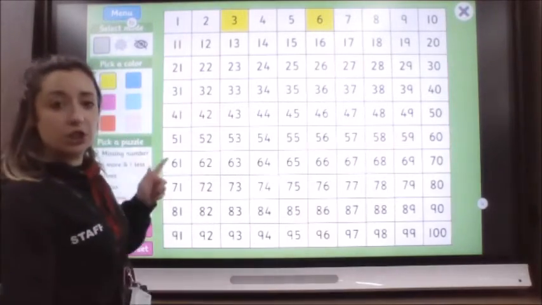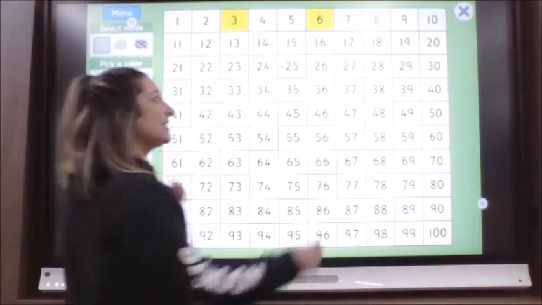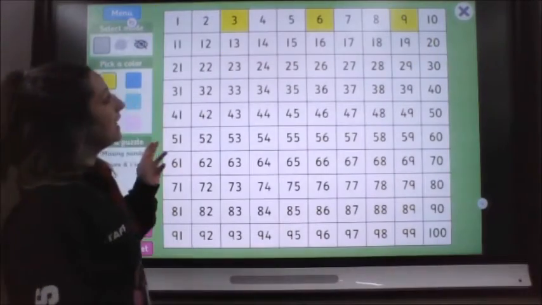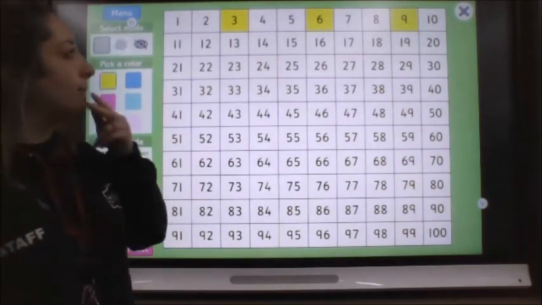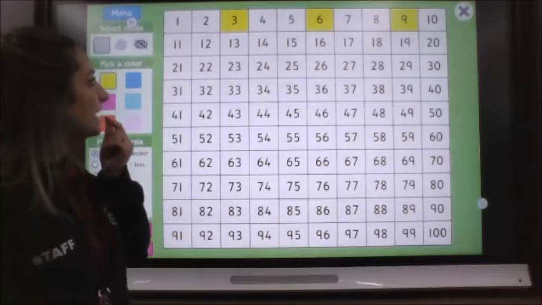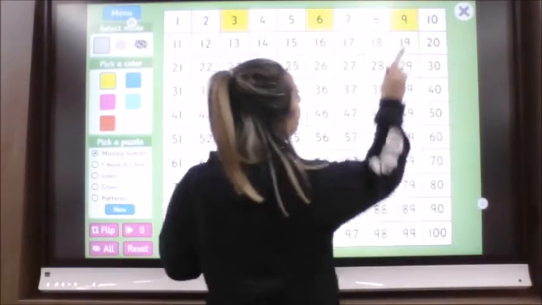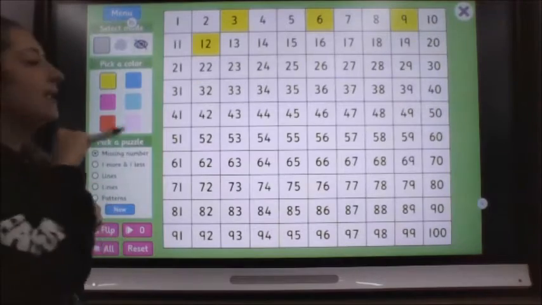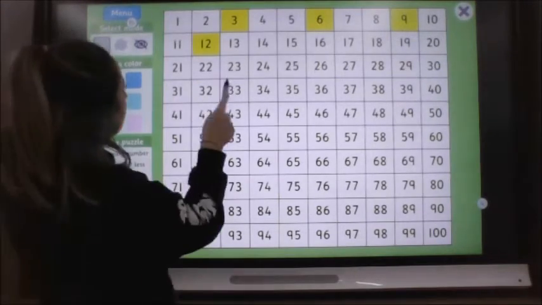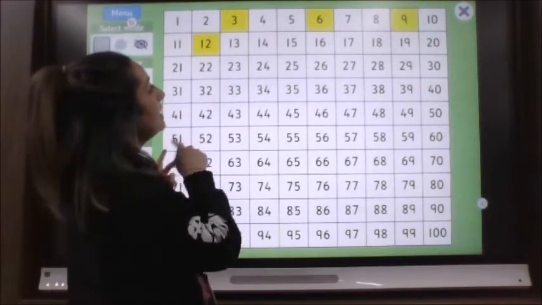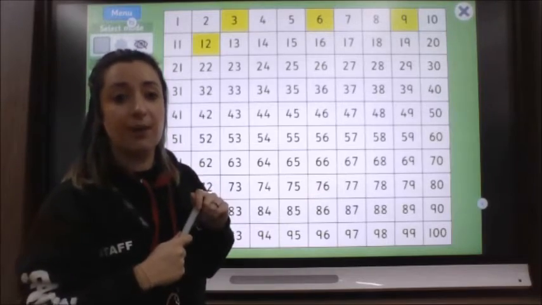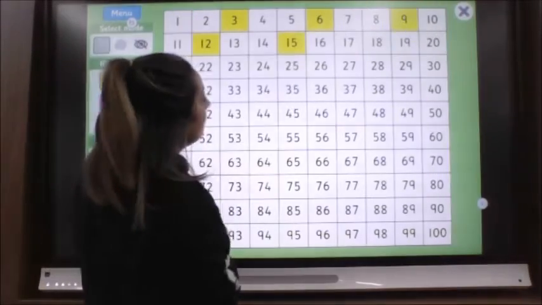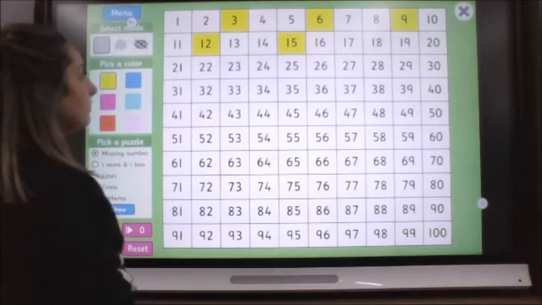And then 3 times 3, which was 9. So we had 3, 6, 9. And then I'm getting a little bit stuck now, so I need to count on another 3. There's 1, 2, 3. So we've got 3, 6, 9, 12. What was next? Oh yes, 3 times 5, that was at the start of our lesson. That was 15.